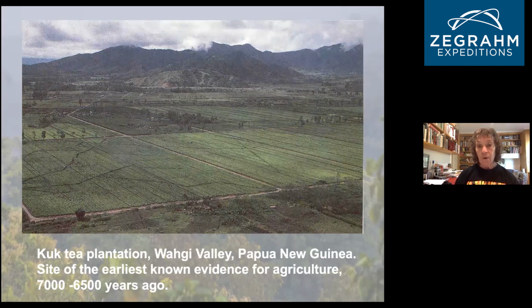The lowlands, of course, underwent similar kinds of changes. There was lots of indication of clearing of the land for growing other taro as well as yams, and propagating sago to eat. 8,000 years ago, the land mass of New Guinea and Australia became separated.